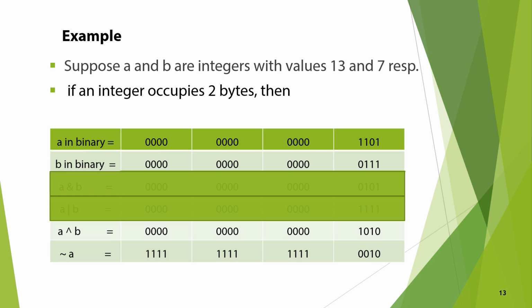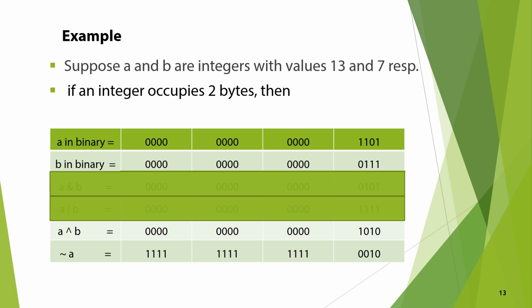And the last operator used is ones complement. You know ones complement replaces 0 by 1 and 1 by 0. So it is just toggling the digit.